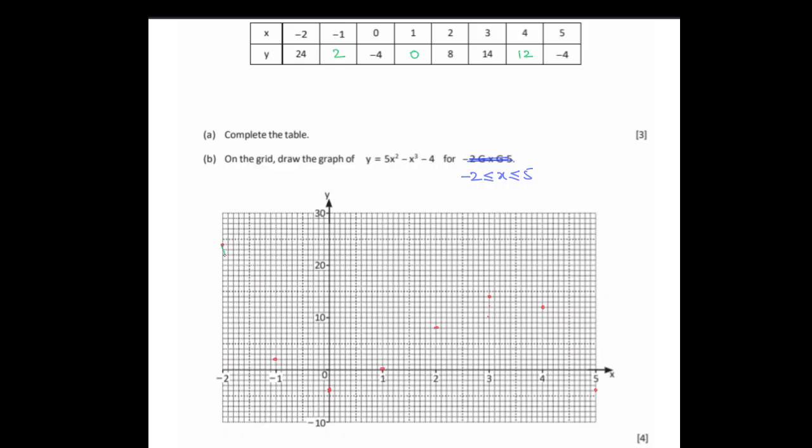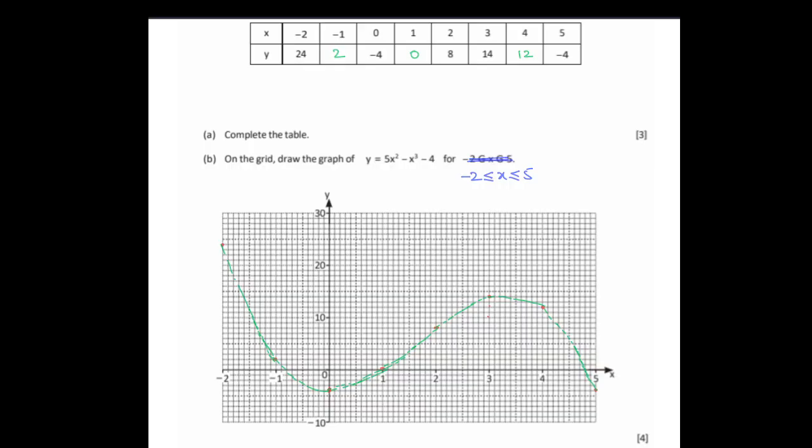This is the way you have to connect the dots.